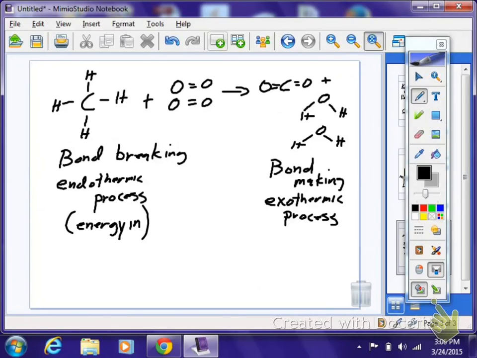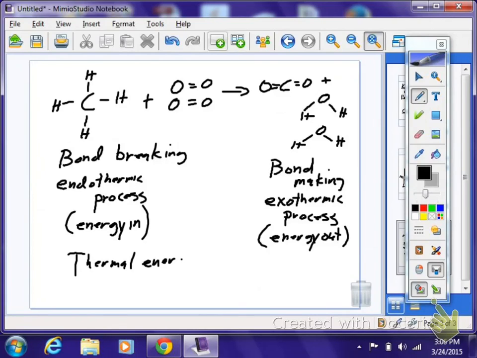Okay, and energy out. If you get where energy out is greater than energy in, you get an exothermic reaction. Okay, and so many reactions produce thermal energy.